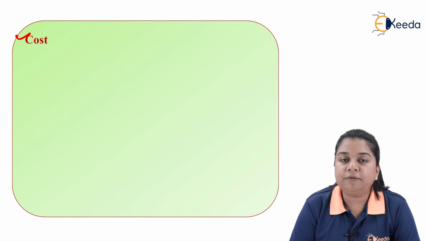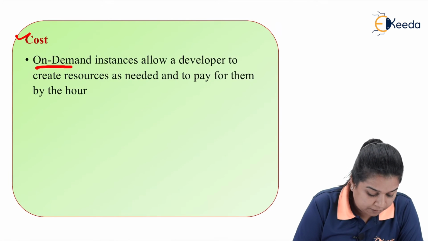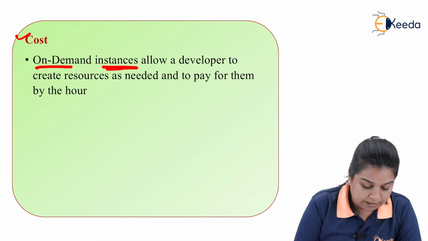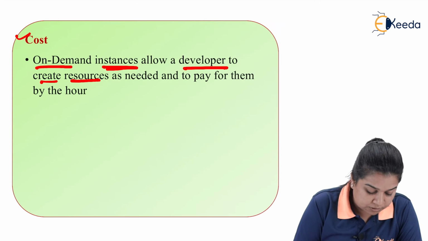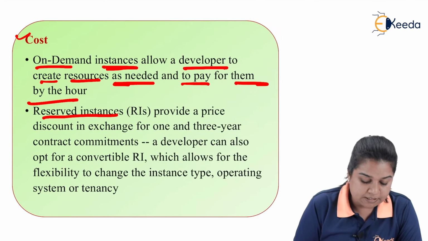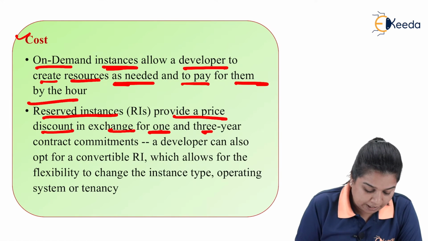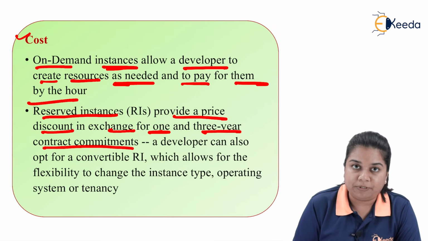Then another feature for Amazon EC2 is cost. On-demand instances allow a developer to create resources as needed and to pay for them by the hour. Reserved instances provide a price discount in exchange for one and three-year contract commitments.